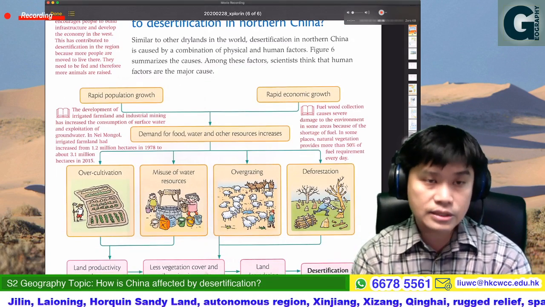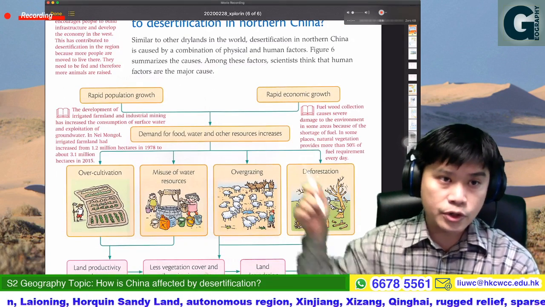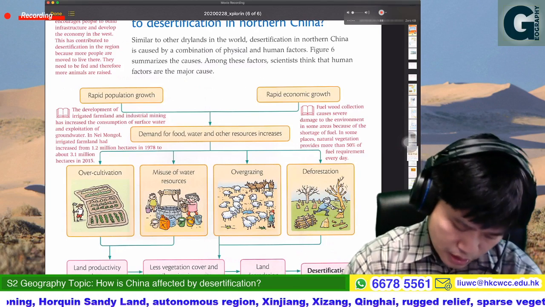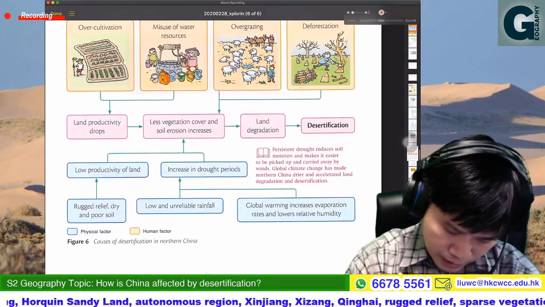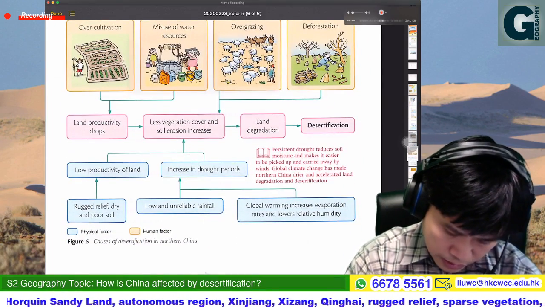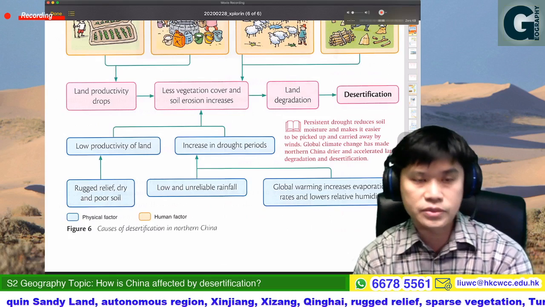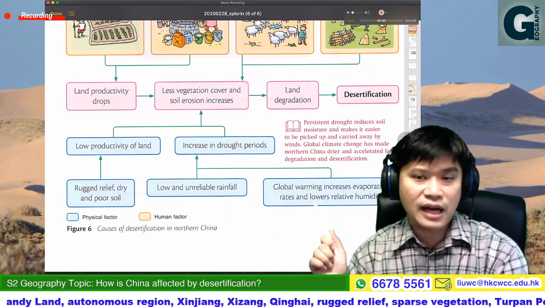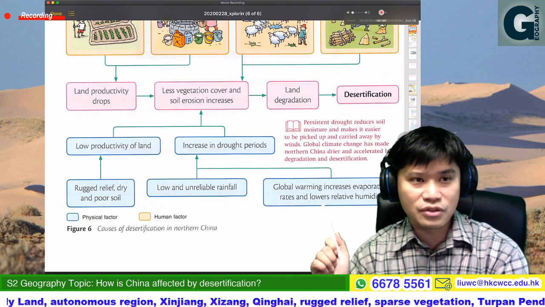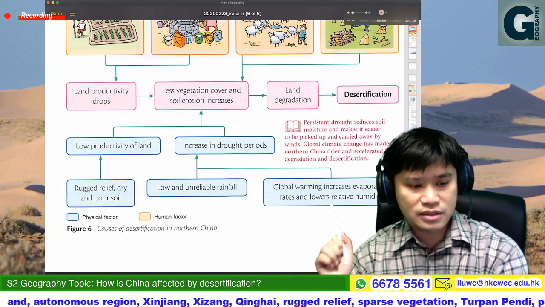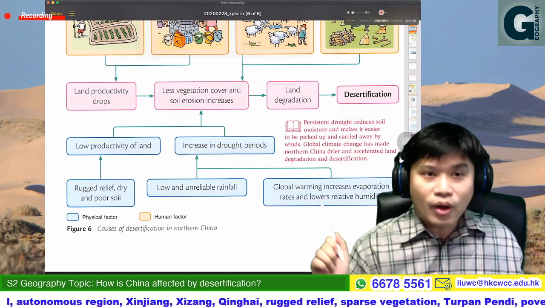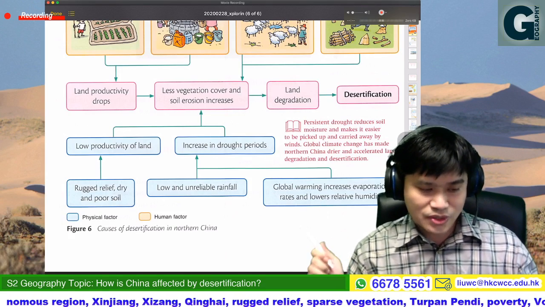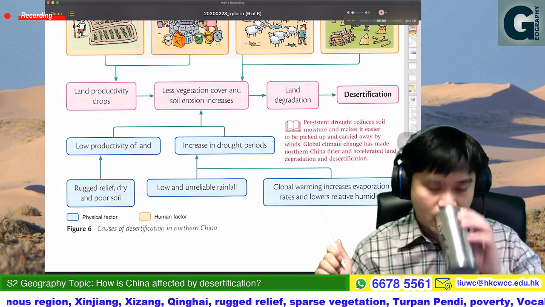You can see that at the top here, that would be the human factors, and at the bottom, the physical factors. For this factor, we have studied in unit 10.2. Therefore, I'm not going to repeat this right now. So you may refer to unit 10.2.